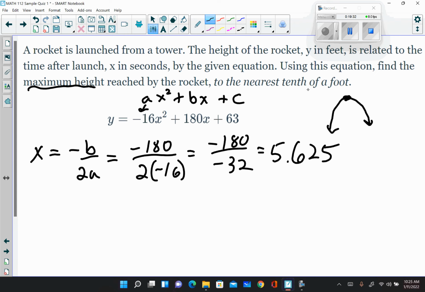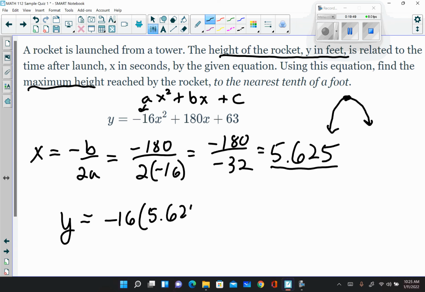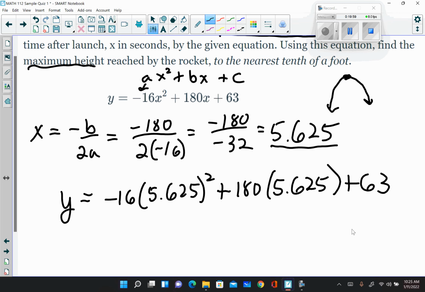And to find the maximum height, we plug this number into here. The height of the rocket is y. The maximum height is y equals negative 16 times 5.625 squared plus 180 times 5.625 plus 63.